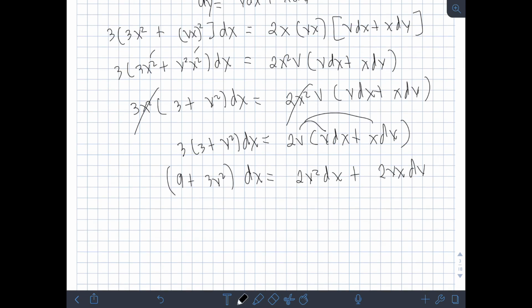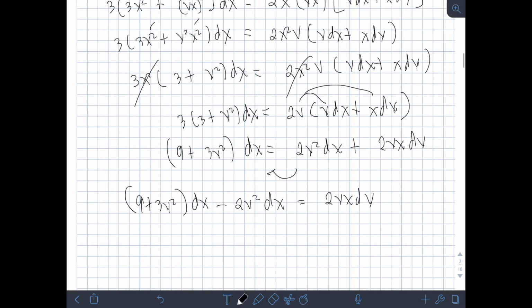Okay, so pagsamahin natin itong dx. So, magiging 9 plus 3v squared dx minus 2v squared dx is equal to 2vx dv. So, magiging 9 plus 3v squared minus 2v squared dx is equal to 2vx dv.